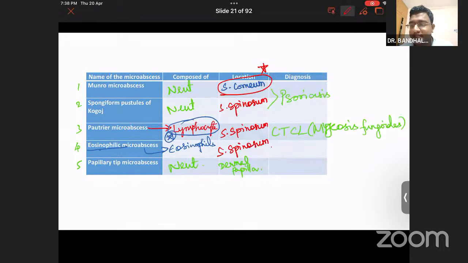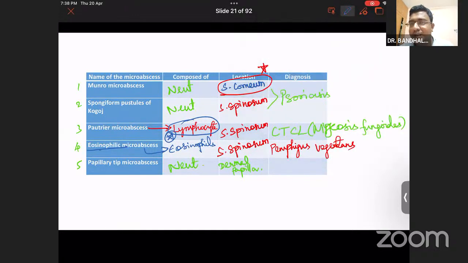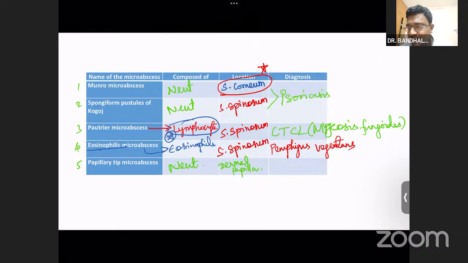Eosinophilic microabscess is seen in pemphigus vegetans, which is very important. Papillary tip microabscess or dermal papillary abscess is seen in a condition known as dermatitis herpetiformis. So if you remember in this way, it will be easy for you.